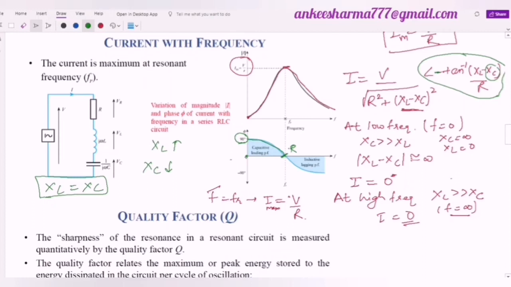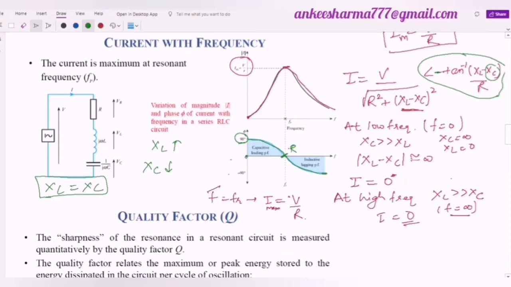And as I go further, after this resonant frequency, now my circuit will act more inductive because the value of XL has now become greater than XC. It means my phase difference will start increasing but in the negative side, and you will see here that it reaches a value of minus 90 degree somewhere at the infinite frequency.